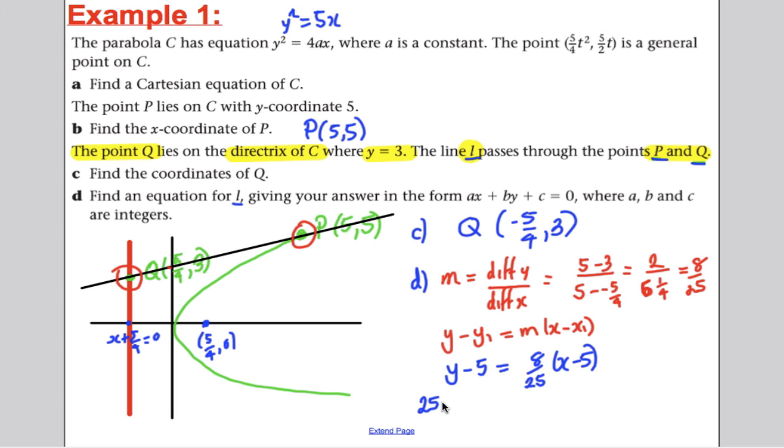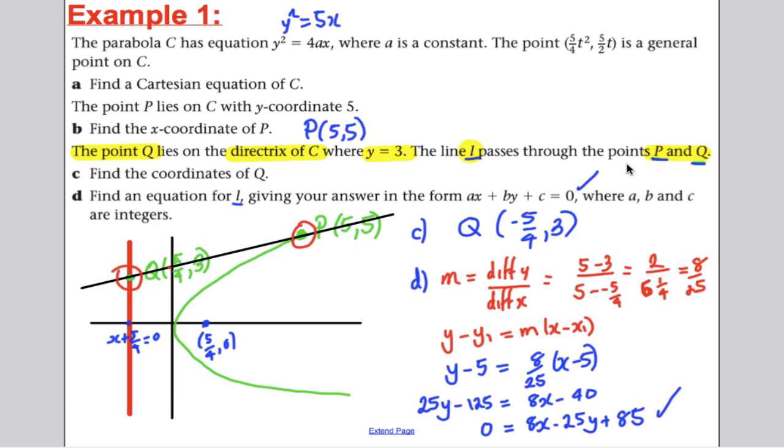I get 25y subtract 125 is equal to 8x subtract 40, and then subtracting 25y off both sides and adding 125, I would get 8x subtract 25y plus 85, and there I go, I have the equation of the line in the form they stated. Now, that's all I wanted to talk about in this video.